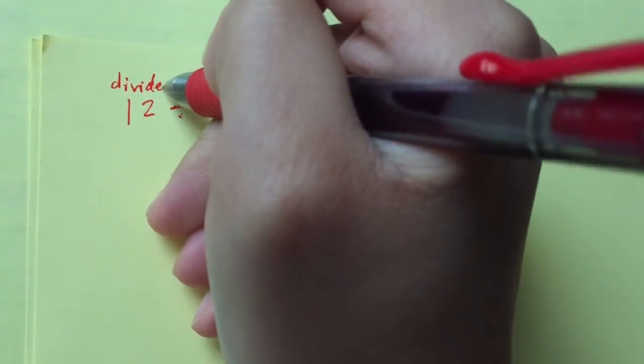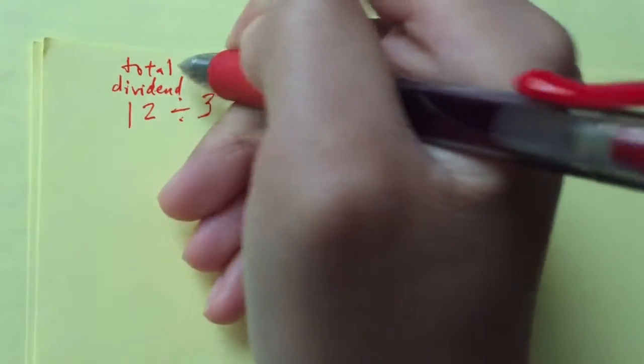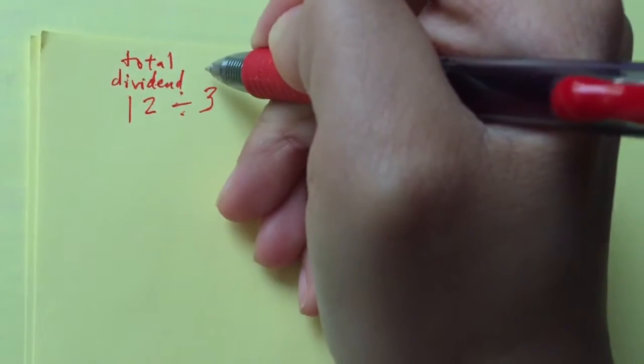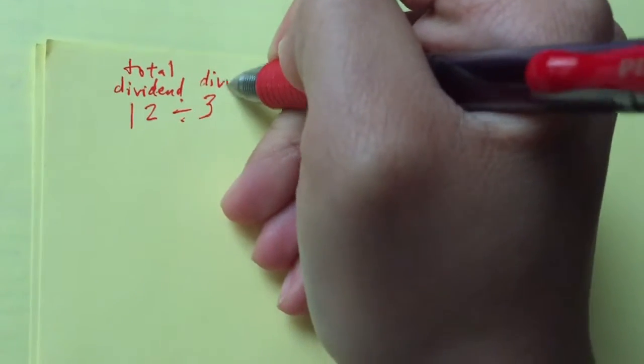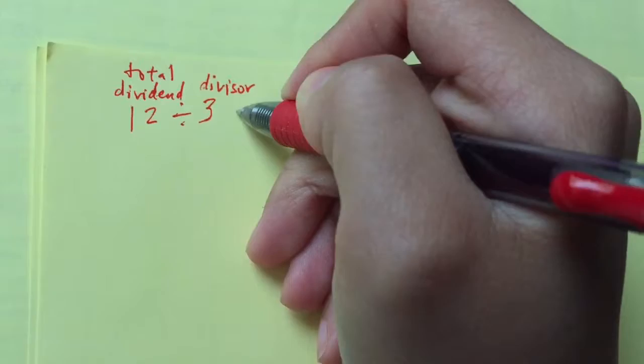Our dividend is our total, or how much we have all together. What division in essence does is we take a total and either we put it into groups of 3 or we have 3 groups and we have to find out how much is in each group. But our divisor tells us how many equal groups we have or how much is in each group equally.